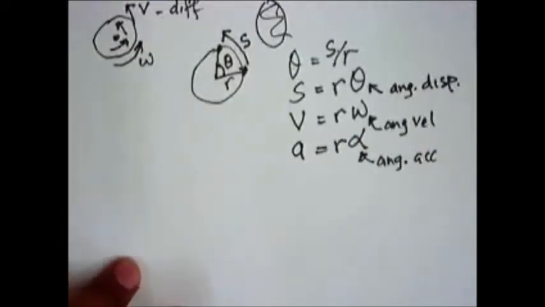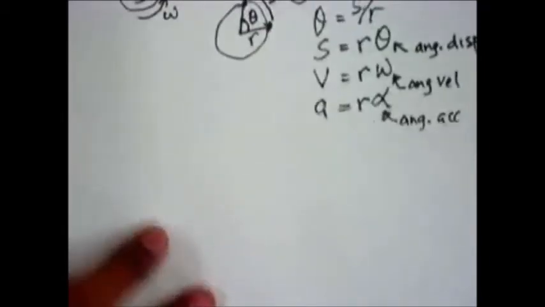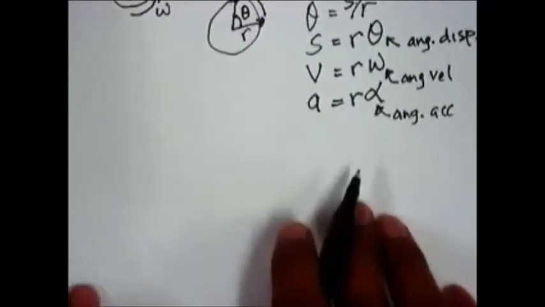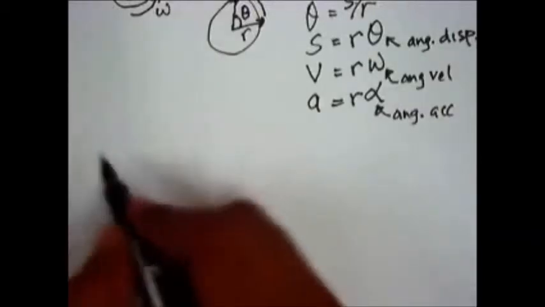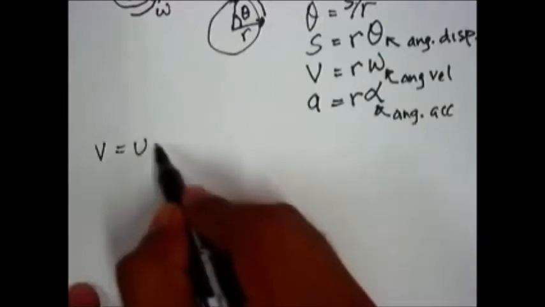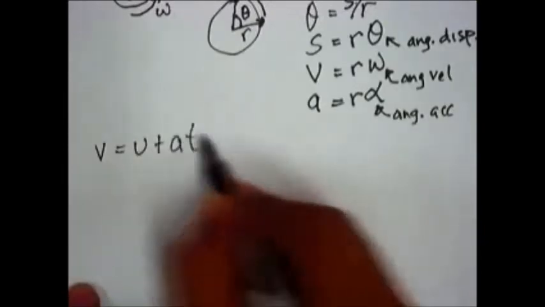Now, the three equations of motion that we apply to linear motion still apply to angular motion. What we do is, instead of writing it in terms of its linear variables, we write it in terms of its rotational values. So the formula we have, the first one, v is equal to u plus at.